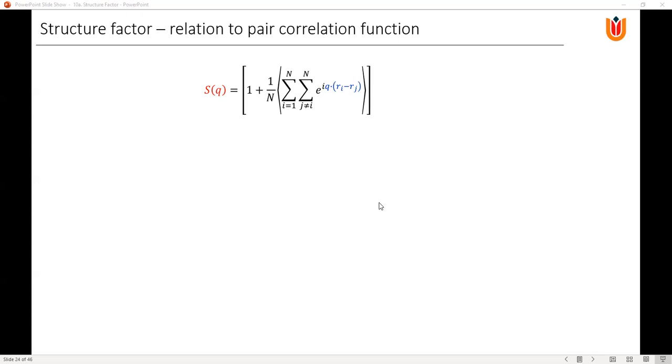But if we now consider the situation where these particles are definitely not allowed to overlap, so they have a certain size, this is still normalized on the diameter of the particle. They have a certain size, they are not allowed to overlap. So what is the probability of finding another particle at exactly 0 r? Absolutely. What is the probability of finding a particle at exactly half times the diameter? 0.